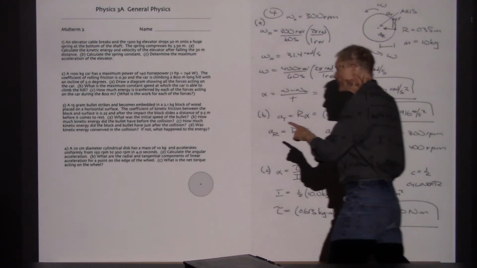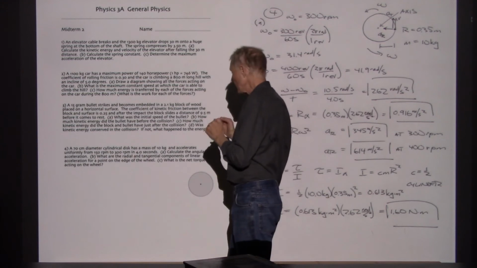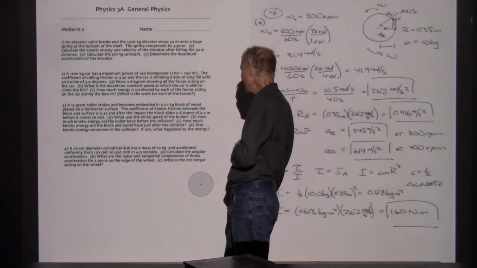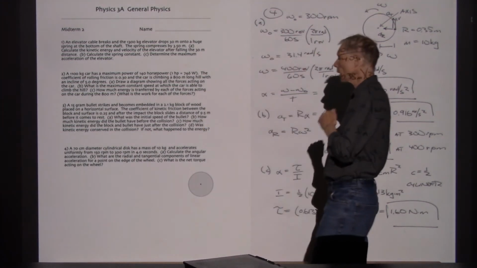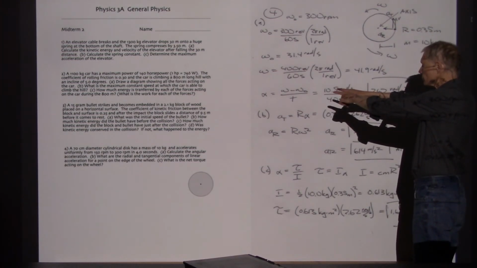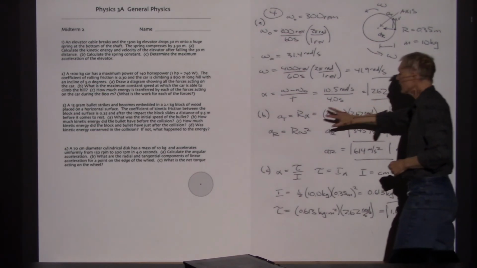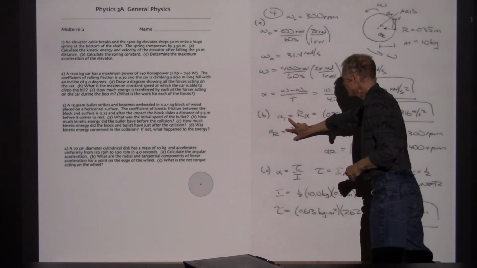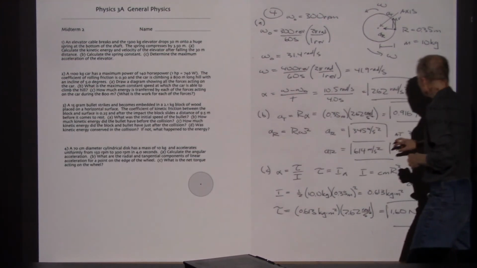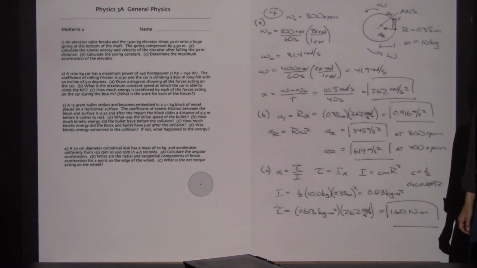Now in part B, it says to calculate radial and tangential components of acceleration. So the angular accelerations are in radians, those are angular, but now we're looking at the components of linear accelerations, and by linear we really mean something measured in meters per second squared.